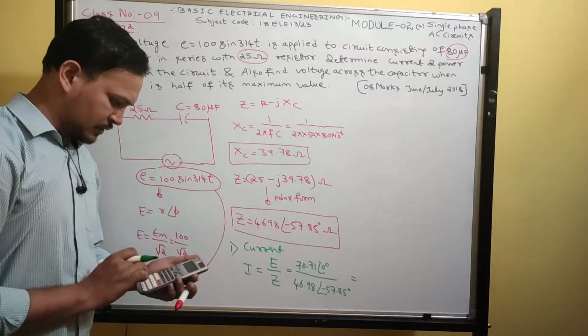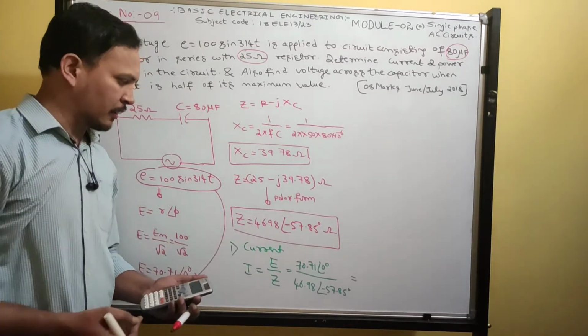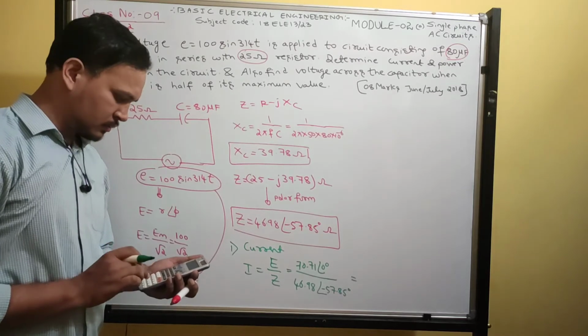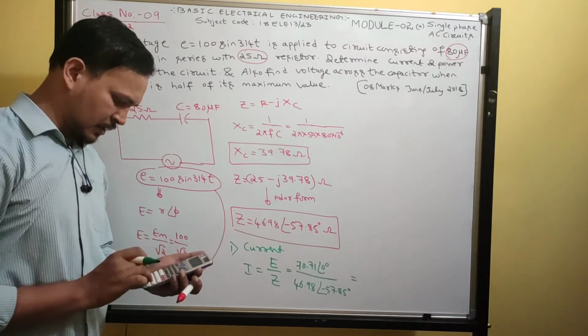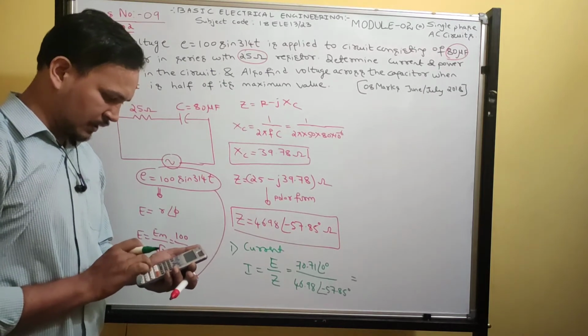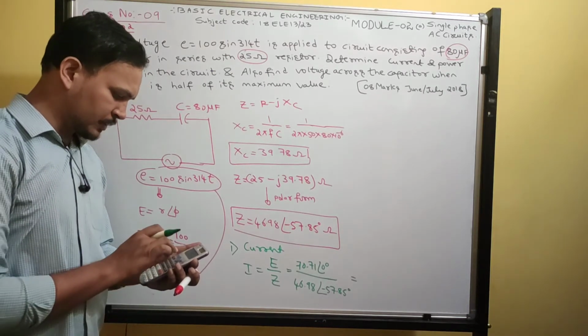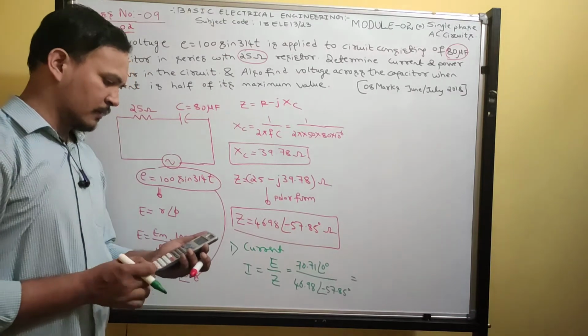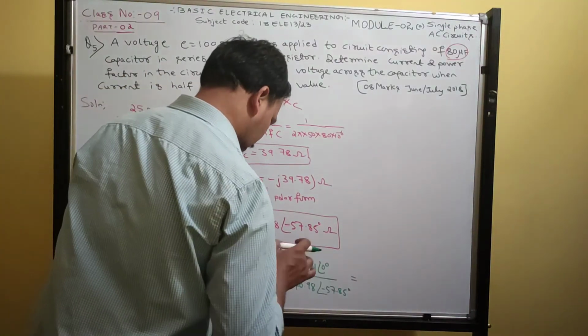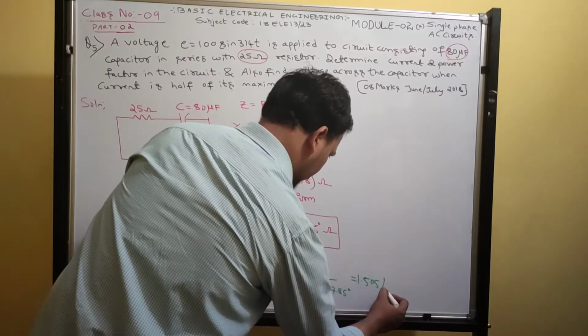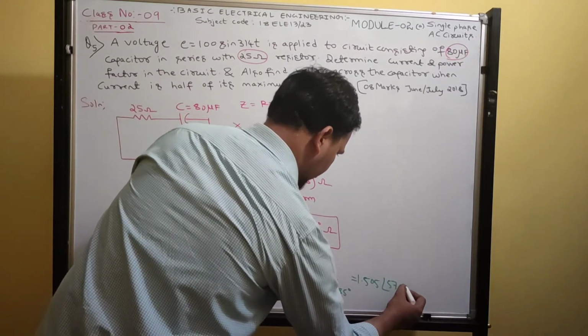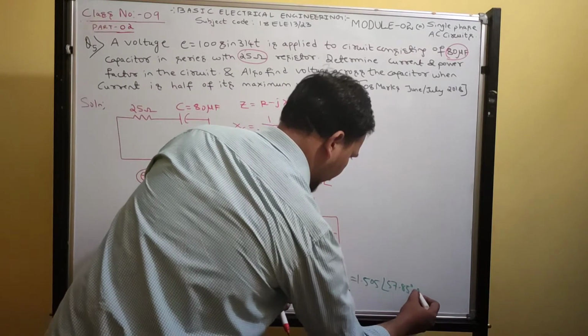70.71 at an angle 0. Type the same equation in the calculator. So what is the answer you got? 46.98 at an angle of minus 57.85. So the answer will be 1.505 at an angle of 57.85 degree ampere.